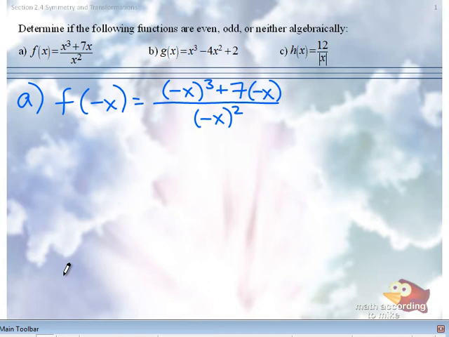Negative x quantity cubed means that you're cubing the negative 1 coefficient and you're cubing the x. How does that result? Yeah, the negative sticks around.